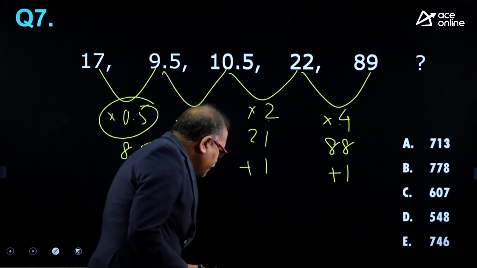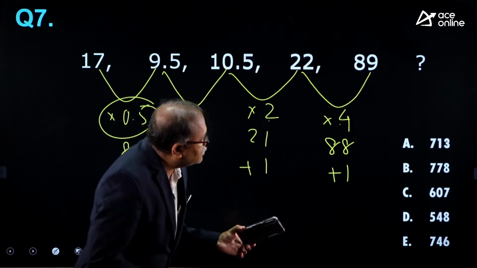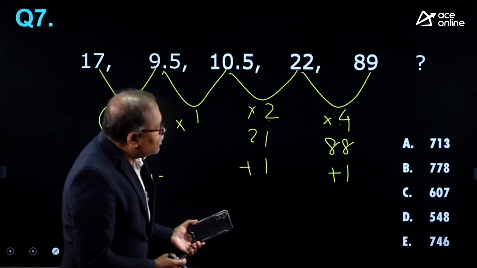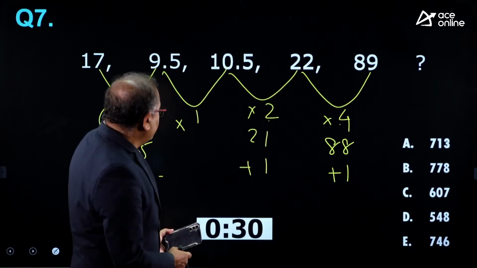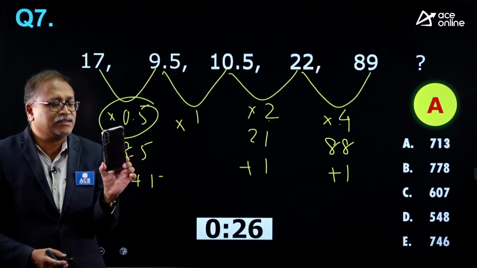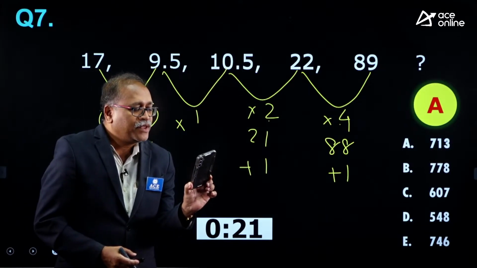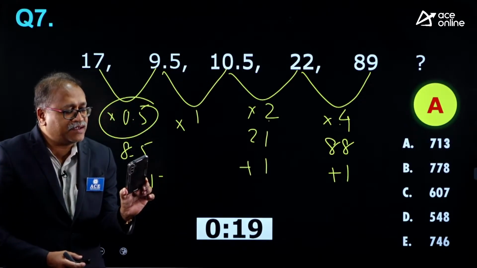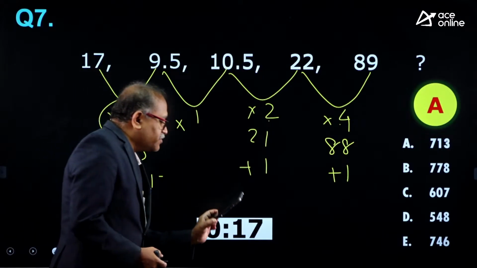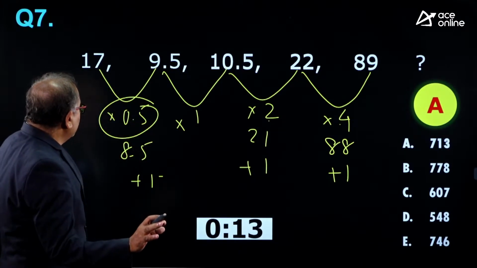Where is my dear friend Solution of Success? Oh, 713. Okay, okay, let me check the answer. You are right. 713. Okay. Hope this time Anusha strikes the answer before anyone can do it. Okay. This is the relation it is.